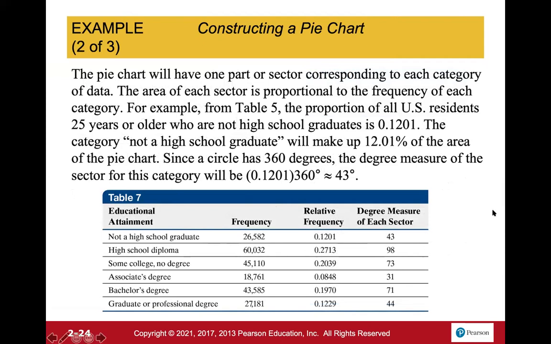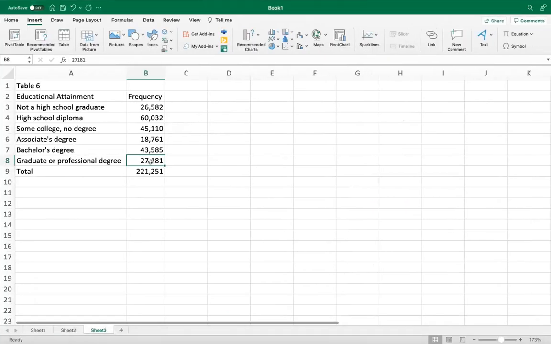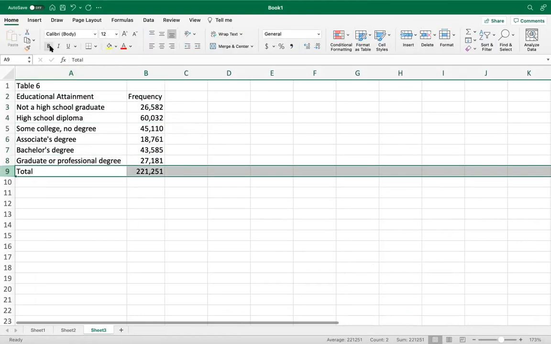All they're doing here is measuring out the sector: how many degrees of that pie go to each sector? So they would find the relative frequency, which is a proportion or a percentage of the whole. But whenever we do this on Excel, we don't really need all of that. Remember, this total is just the total, so we're not going to include that for our pie chart.